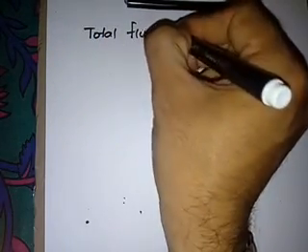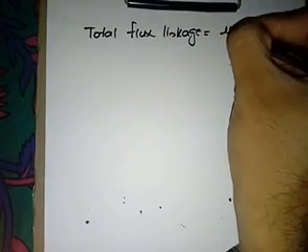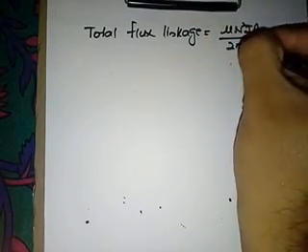The total flux linkage is equal to mu n square Ia divided by 2 pi R.